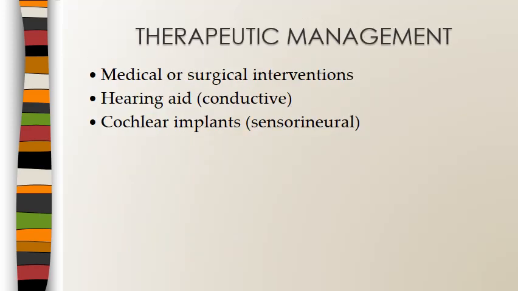Therapeutic management depends upon the type of loss. So you can have medical or surgical interventions. Children who have conductive hearing loss can be treated with hearing aids, and children who have sensory neural hearing loss can be treated with cochlear implants.